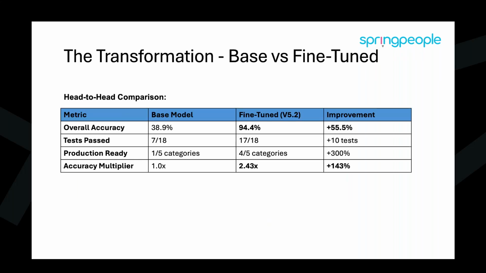So look, you can see here what happened after I trained. With the base model, it was at this. After fine tuning, I could reach this, and you could see so many tests passing.